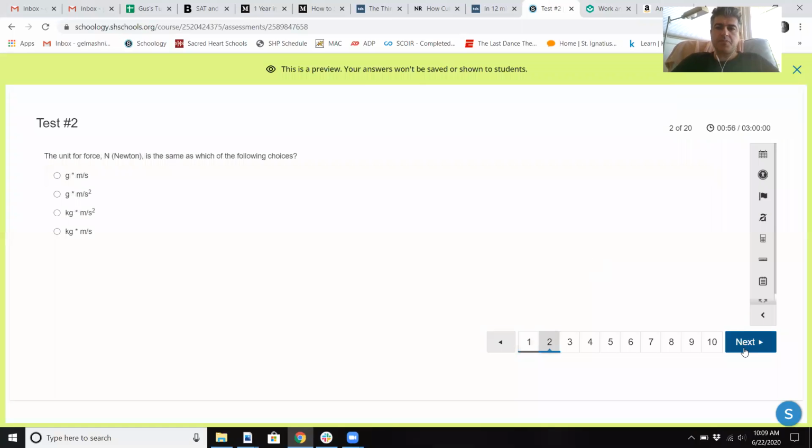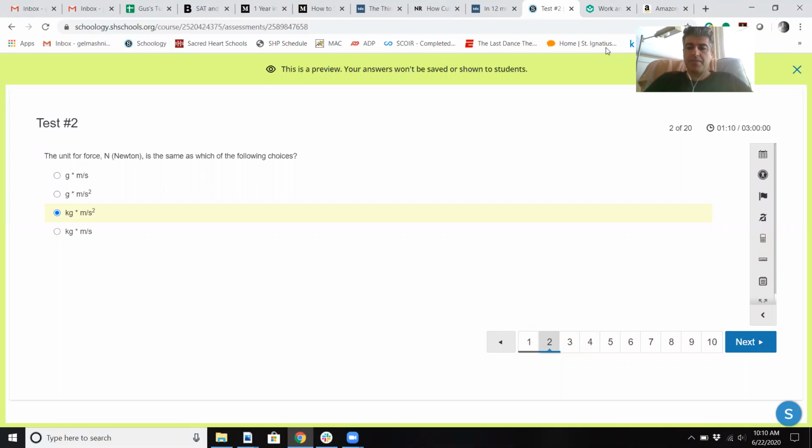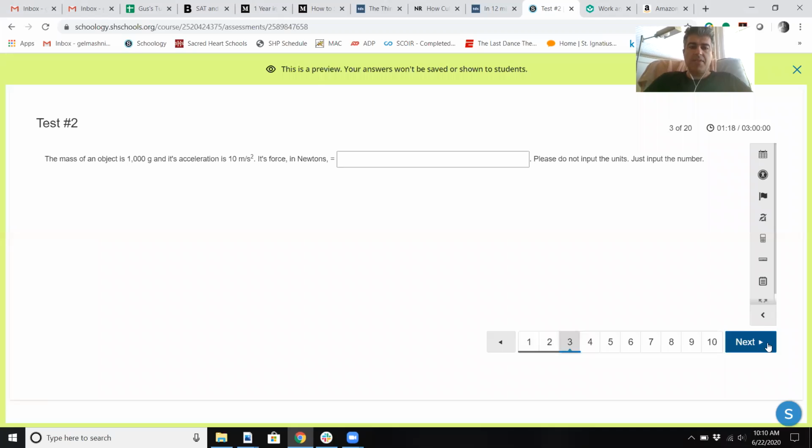Next up, I think most of you are fine here. Remember the SI units for force: we're using kilograms, not grams. So it's kilograms times meters per second squared. Because you have 1,000 grams, you have to convert that to kilograms first.